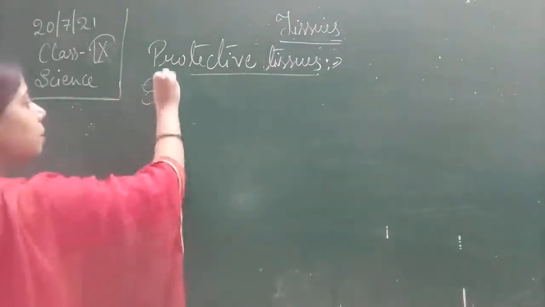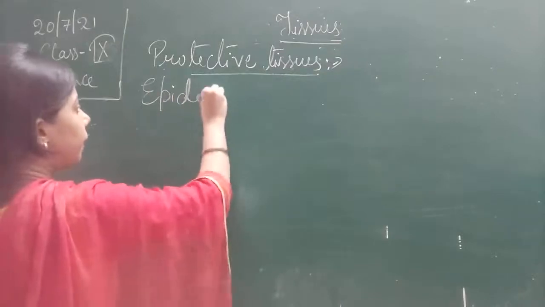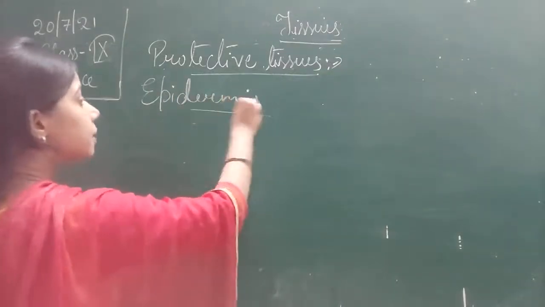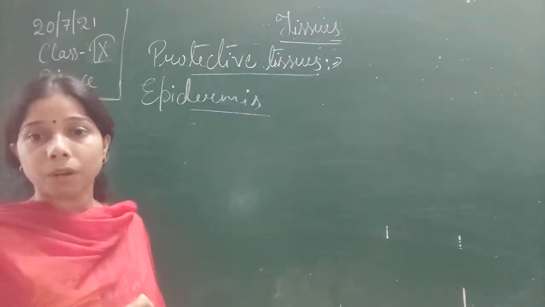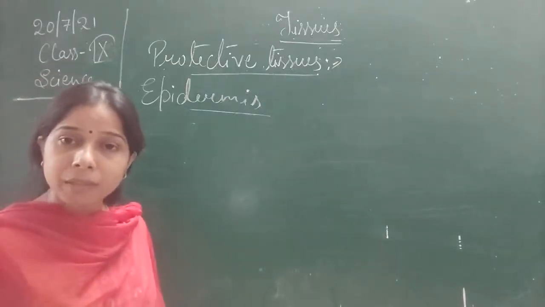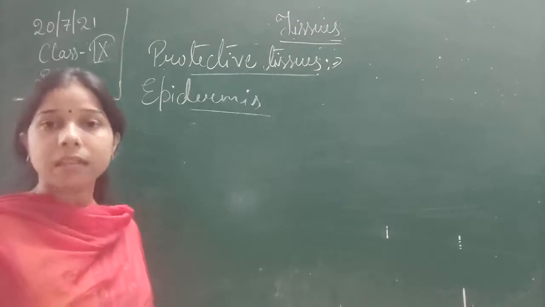Epidermis, the name itself says a lot. Dermis means skin, the outer layer, and epi means upper. So the upper layer of the skin of the plant, that is the epidermis.